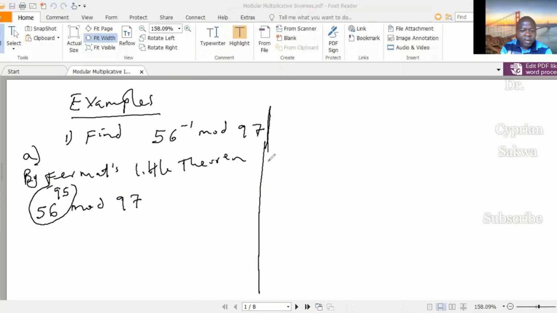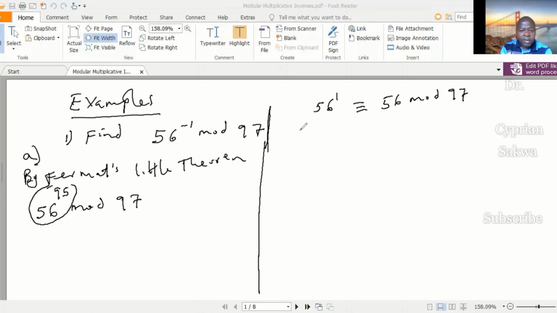We just form a square table, and we ask ourselves, what is 56 raised to 1 mod 97? 56 raised to 1 will be 56 mod 97.